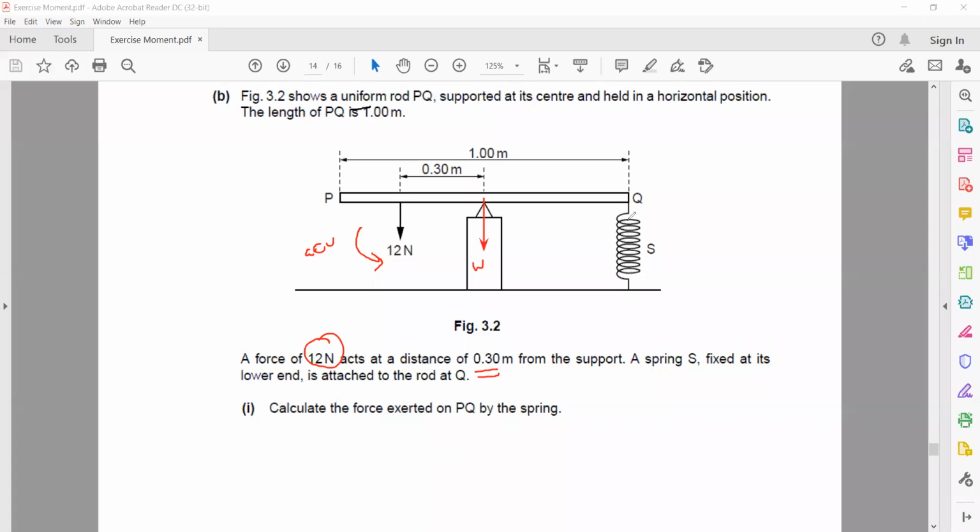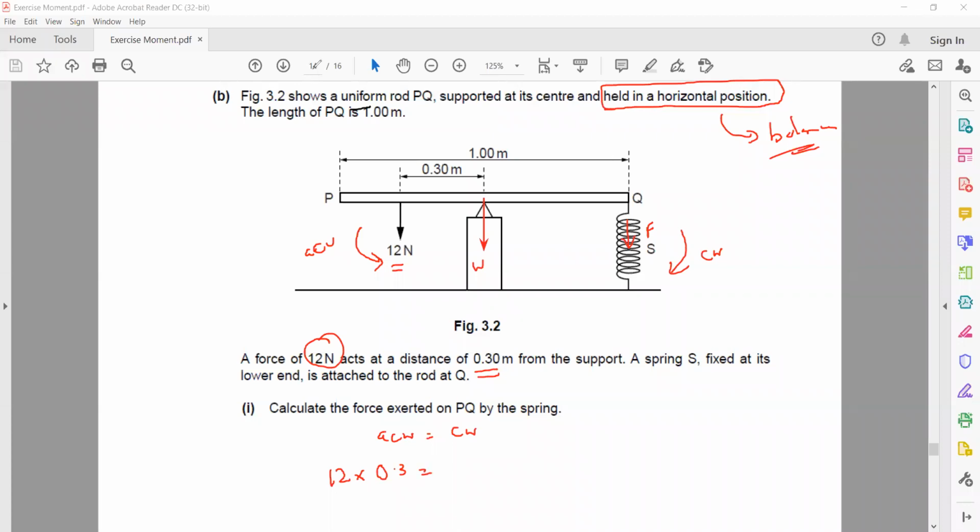And a spring will try to pull it down with a force F. In which direction will it cause a moment? Clockwise. And if the object is balanced, because they give you the hint here, it is held in a horizontal position, it means it is balanced. So when an object is balanced, the anti-clockwise moment is equal to the clockwise moment. So for the anti-clockwise moment, the force is 12, the distance is 0.3.